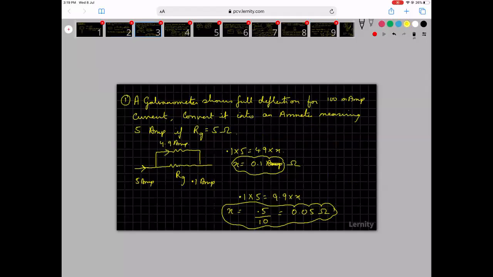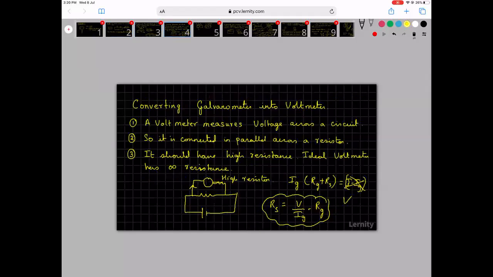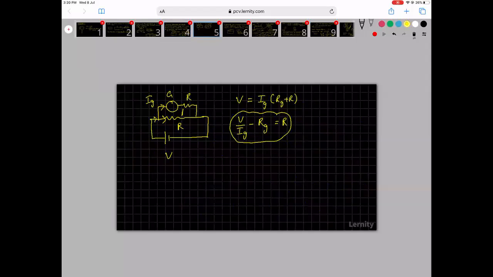So convert it into an ammeter measuring 5. I did some problems for you. Then I taught you how to convert a galvanometer into a voltmeter. So very neatly I wrote down and I explained to you. Yeah, we did a few more questions.